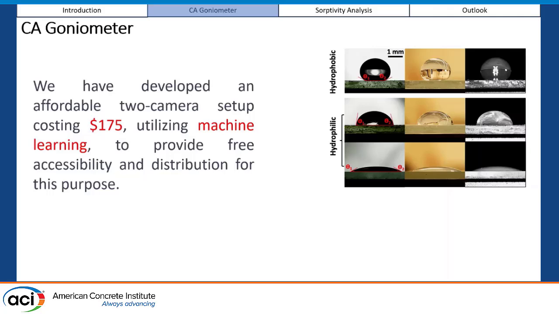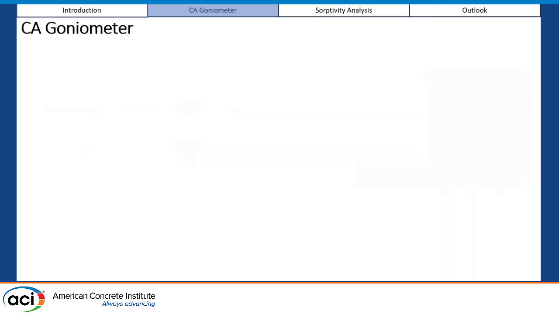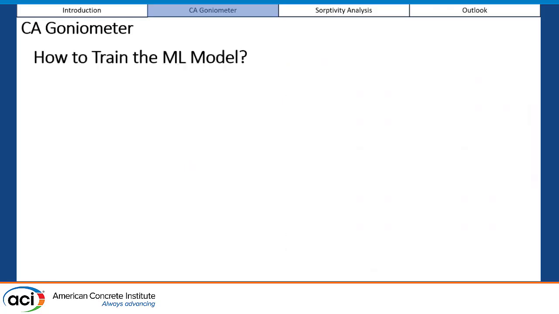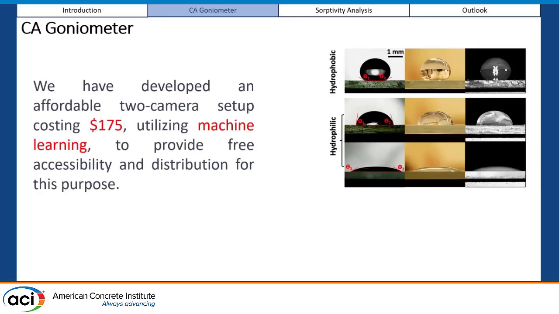In the middle, we have normal lighting conditions, and this is the vice versa. So here's the thing. I need to train a deep learning model to give me the contact angle values, and then I use those contact angle values to predict sorptivity of concrete.